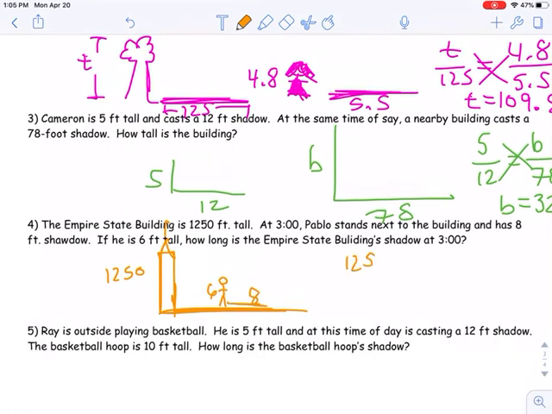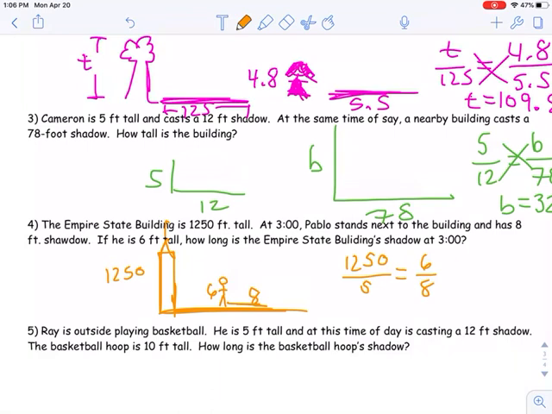So I'm going to say 1,250 over the length of the shadow that we don't know is equal to 6 over 8. Again, it's just a matter of cross multiplying and solving.